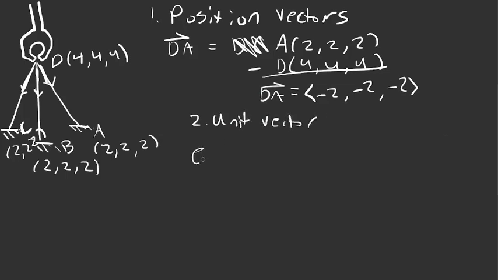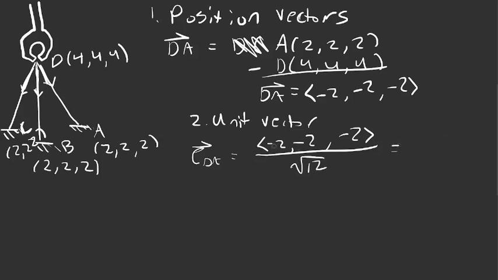And that is going to be all of this divided by the magnitude of this vector. I want to say it's 16, but I could be very wrong. I might have to just calculate that. It's not 16. Okay, it's the square root of 12.